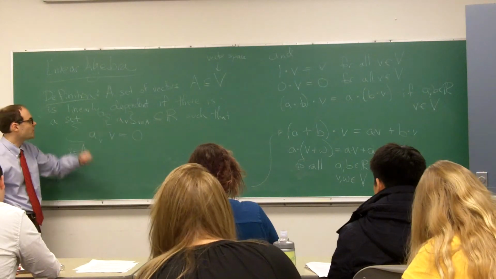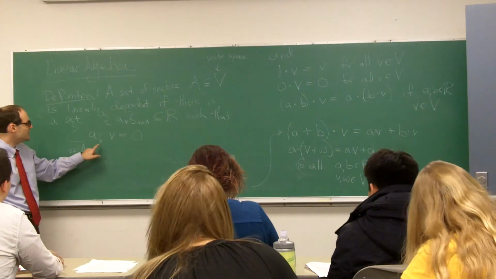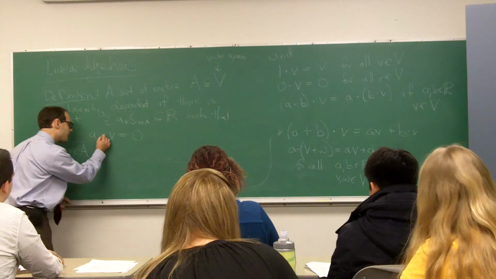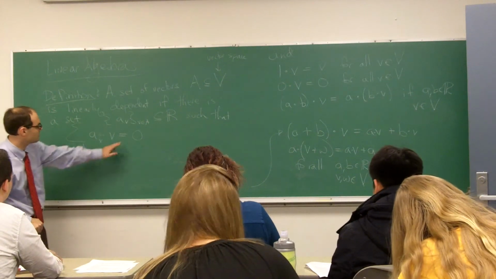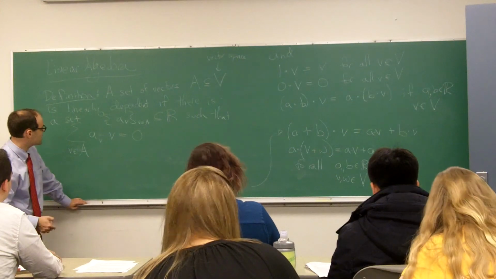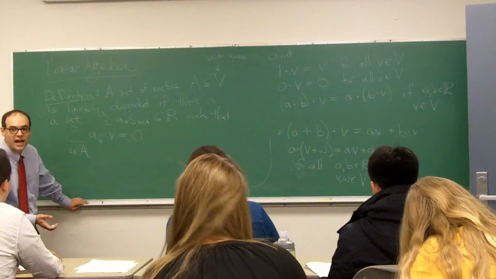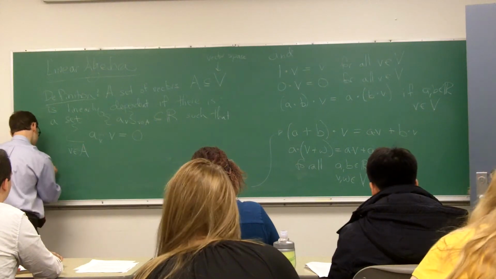So if I take a collection of coefficients, a bunch of real numbers, apply one real number to each vector in my set A by scalar multiplication, and then I sum them all up using the vector sum, I get 0. Now, if this is an infinite set, you ought to do some kind of limiting process. This being a computational class, I'm going to brush that under the rug. So, assumption.